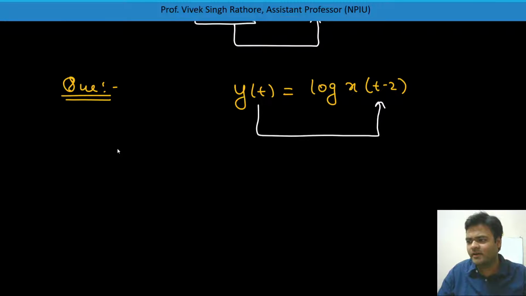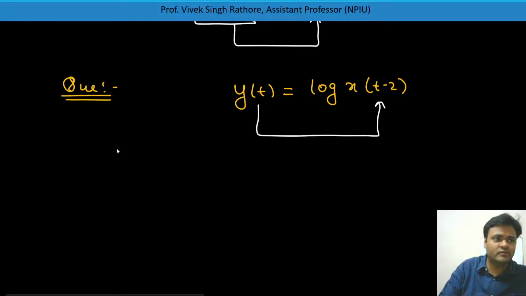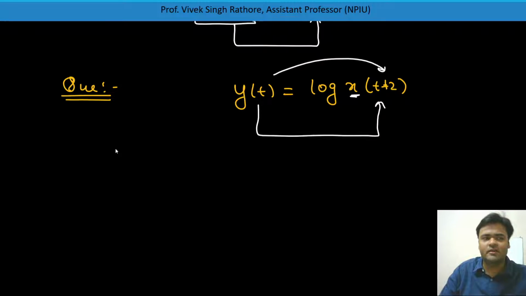Then it is called a causal system. Same way, if it is given t plus 2, then you can understand that it is dependent upon the input's future value. So it will be a non-causal system.